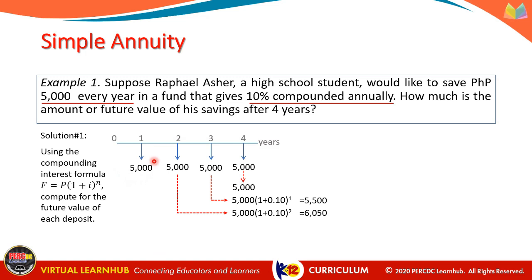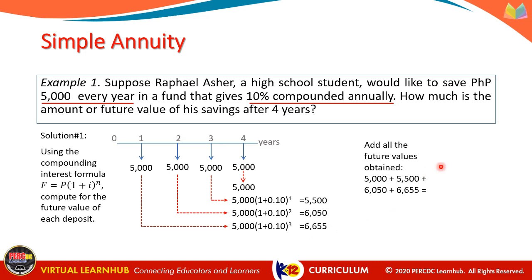And the 5,000 pesos deposited on the first year will be 5,000 times 1 plus 0.10 raised to 3, okay, which is equal to 6,655. For this, we have three intervals from the first year to the fourth year. Okay? We just use this formula F is equal to P times quantity 1 plus i raised to n.